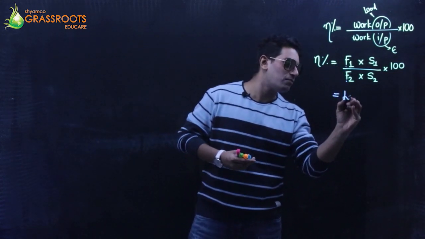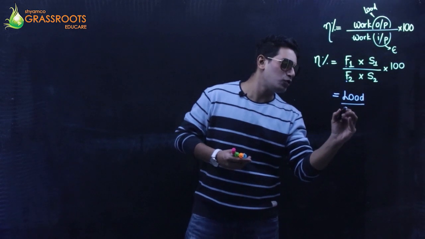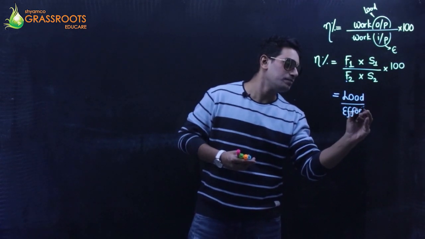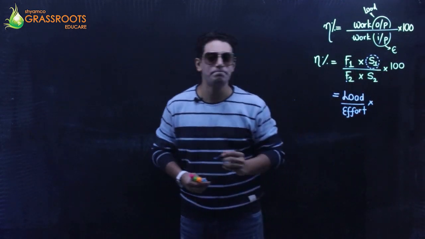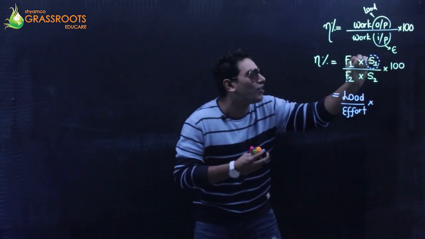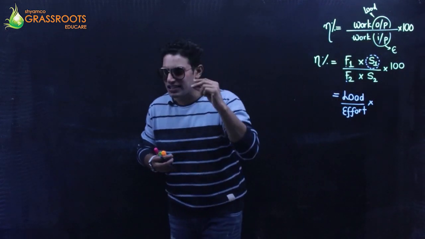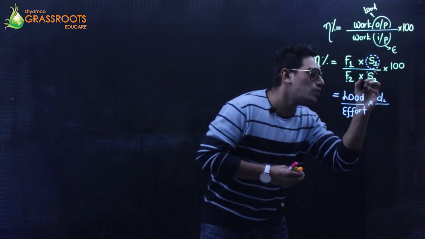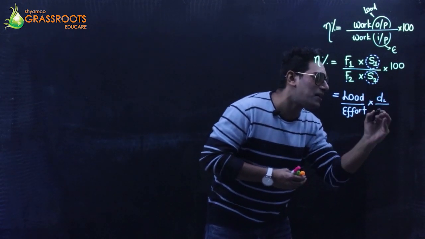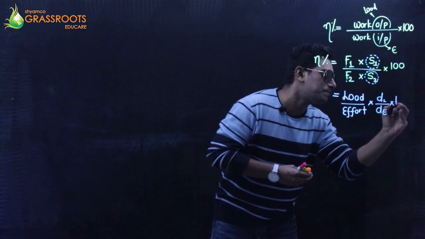So F1 is nothing but load and F2 is nothing but effort. This S1 is the distance covered by the load, dL. And S2 is the displacement or distance covered by the effort, which is dE.